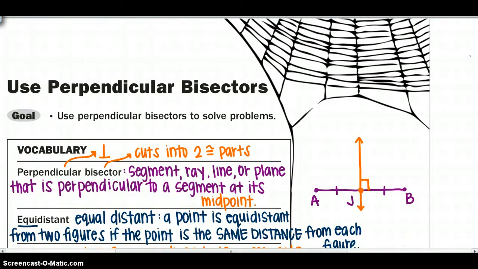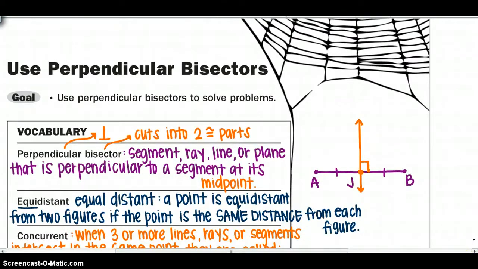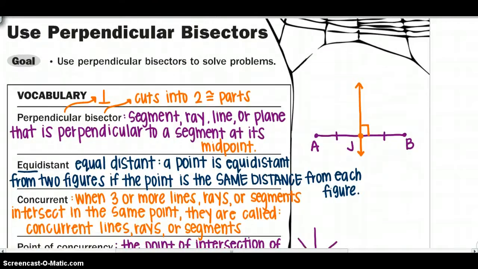Next, we will see the word equidistant a lot in this section. Equidistant, like the word says, equal distant. A point is equidistant from two figures if the point is the same distance from each figure. If I'm going too fast through the vocabulary words, you can always stop it, continue writing, and then push play again.